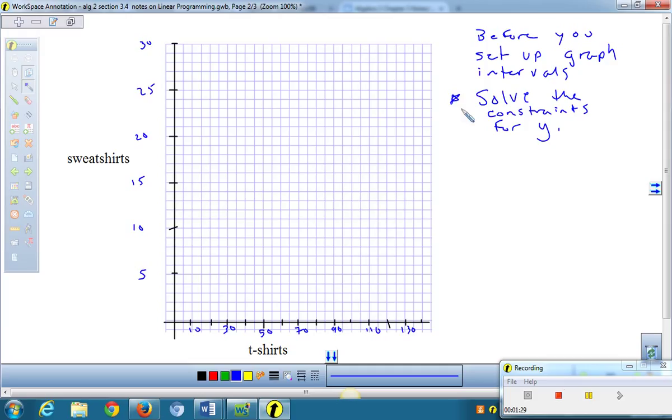And before you start graphing, let's make sure we all agree on this, so you don't have a mistake in your graph.